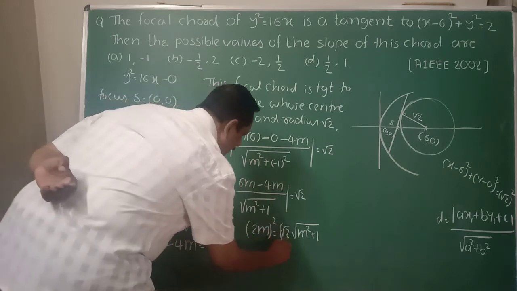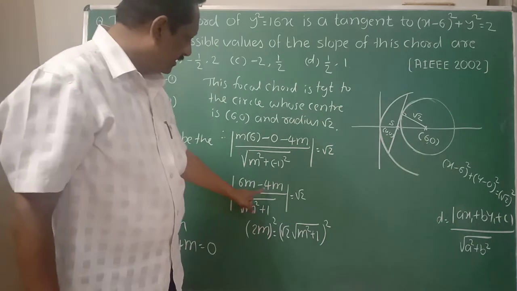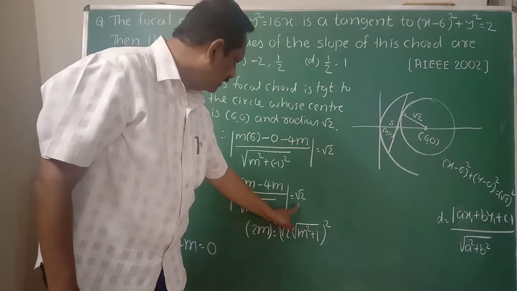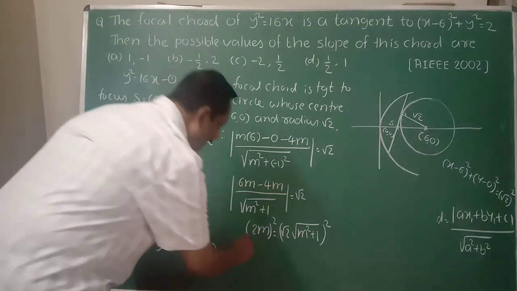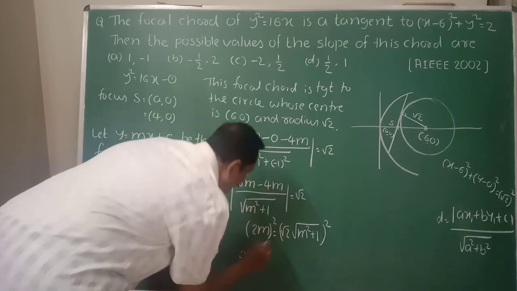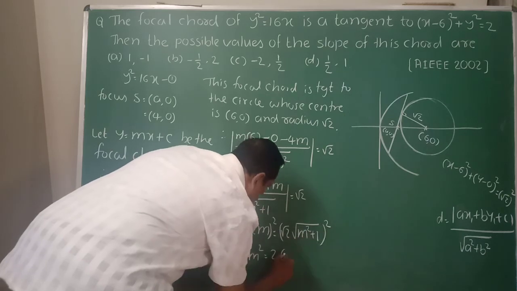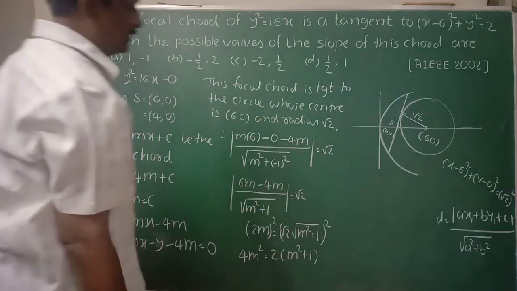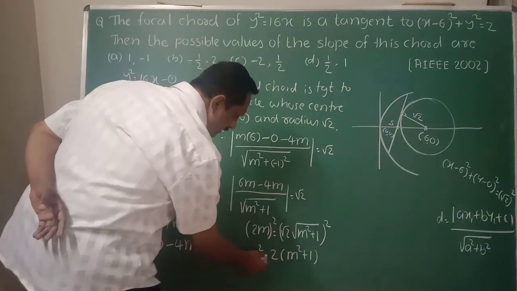Squaring on both sides, we get 4m² = 2(m² + 1), since the square root and square cancel. Now we can cancel the 2s.